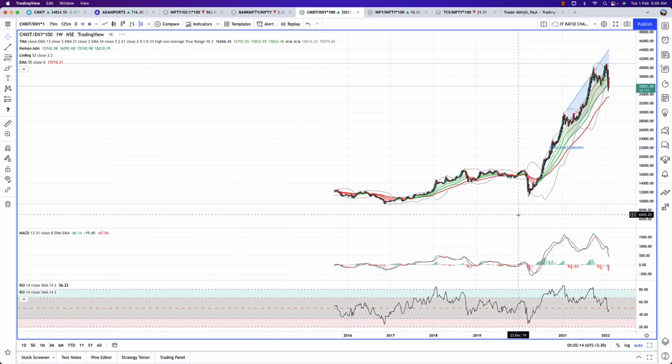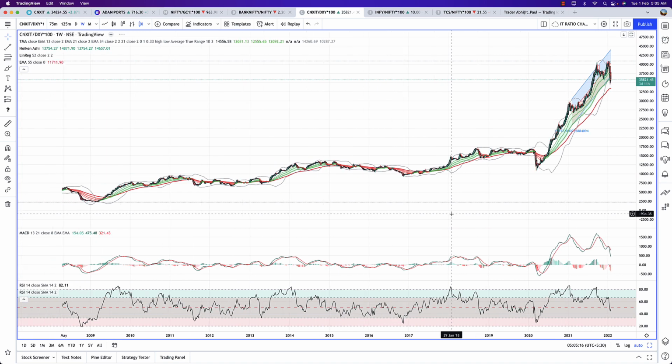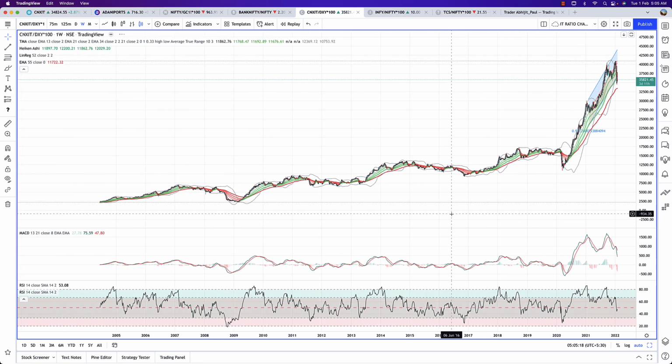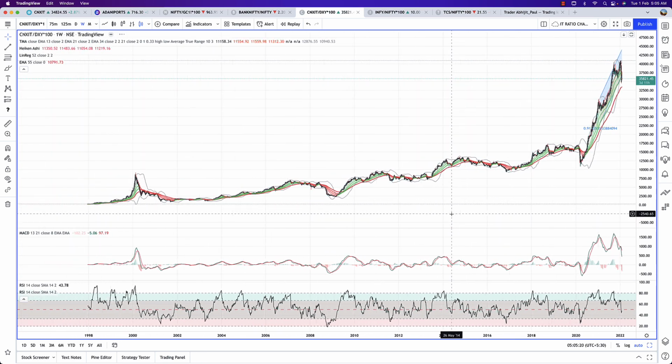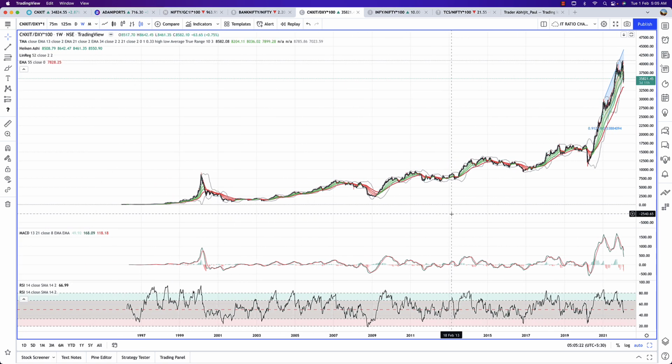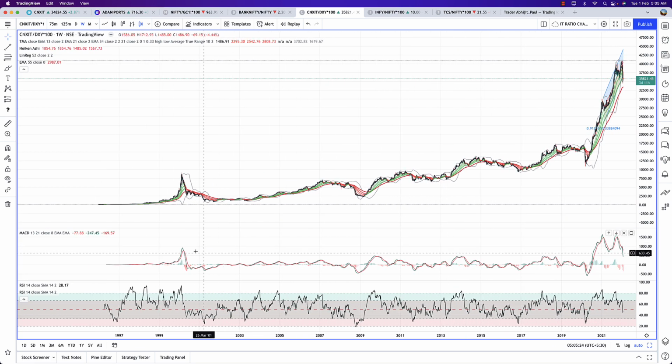If I blow out this chart and bring in some really old data, you will observe that in 99-2000, this one, the big bubble, I'm plotting here the MACD, the usual 13 and 21 difference I've taken.